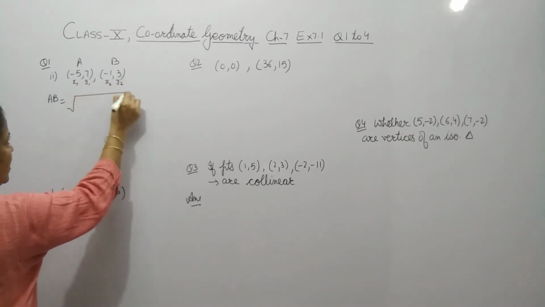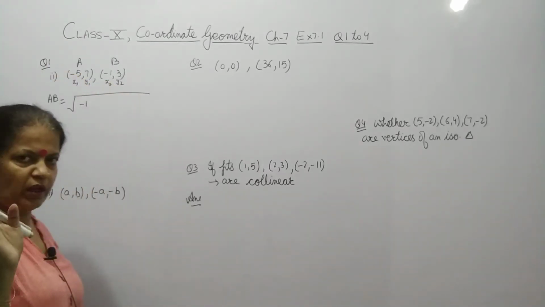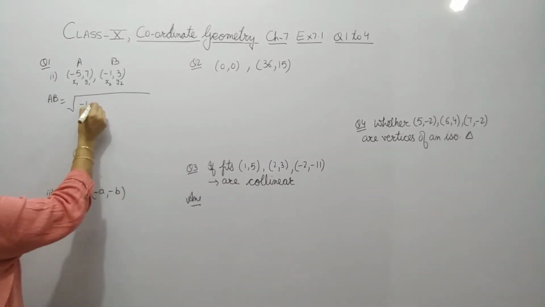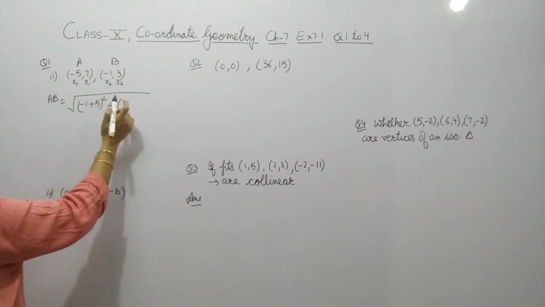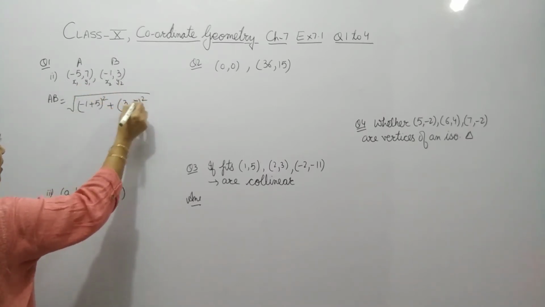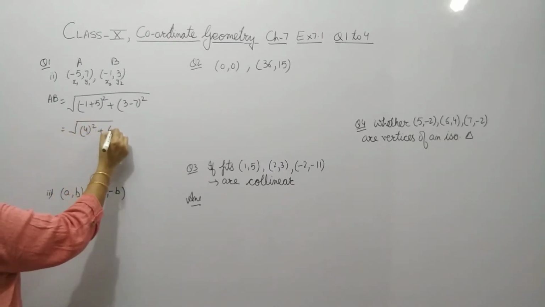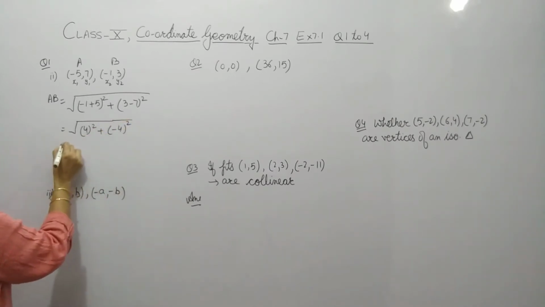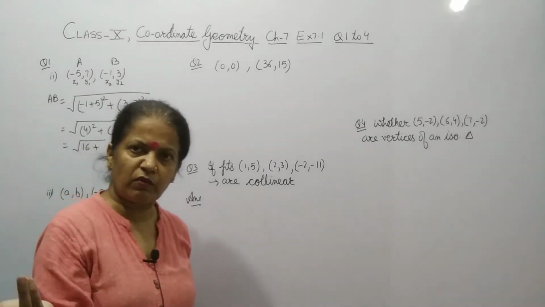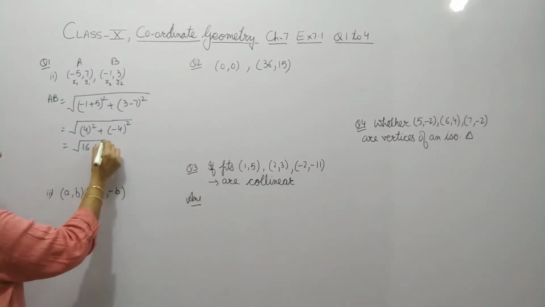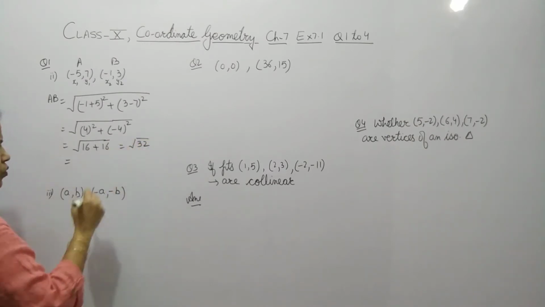Like this you can write it. x2 minus x1 is minus 1 minus of minus 5, so it will become plus 5. (x2 minus x1) square plus (y2 minus y1), which is 3 minus 7, square. Now go for the 4 square plus minus 4 square. So it will be 16 plus minus 4 square, it will be plus 16. Minus minus will become plus. So it will come as 32.